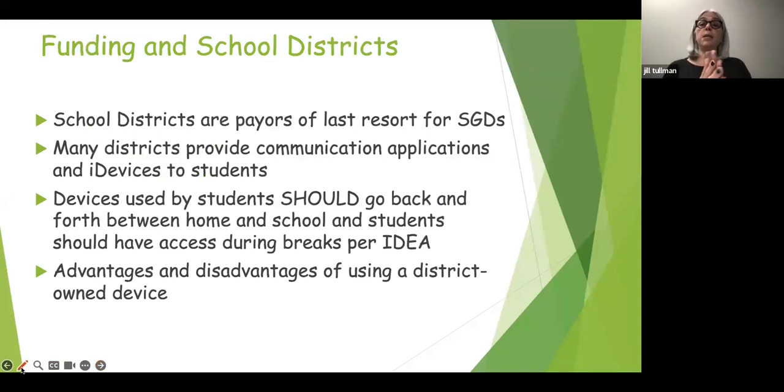What the insurance companies and Medicaid will not do, they will not fund just an iPad with a communication app, right? But they will fund a tablet-based solution, if you will, that is a communication device.